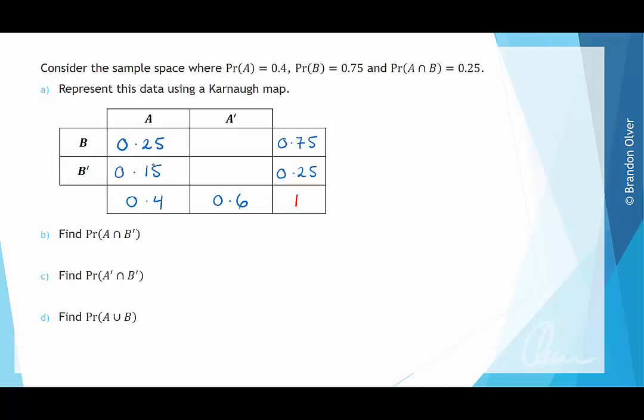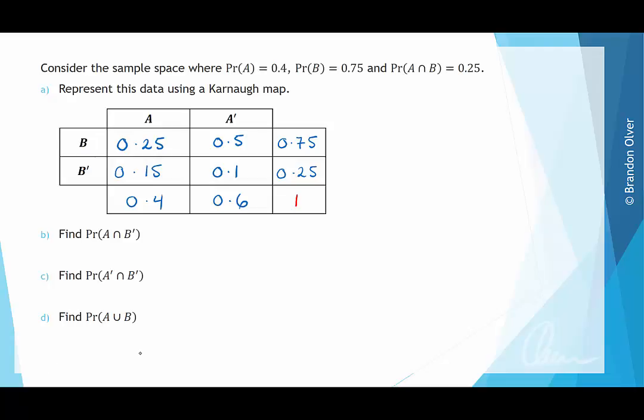The same thing happens adding the rows. We know 0.25 plus something must equal 0.75, so that must be 0.5. And then 0.5 plus something equals 0.6, which is 0.1. We can also check that by going 0.15 plus 0.1 is equal to 0.25. So we're all okay.